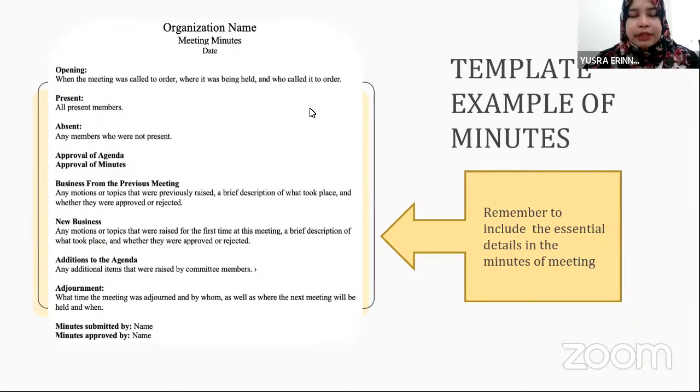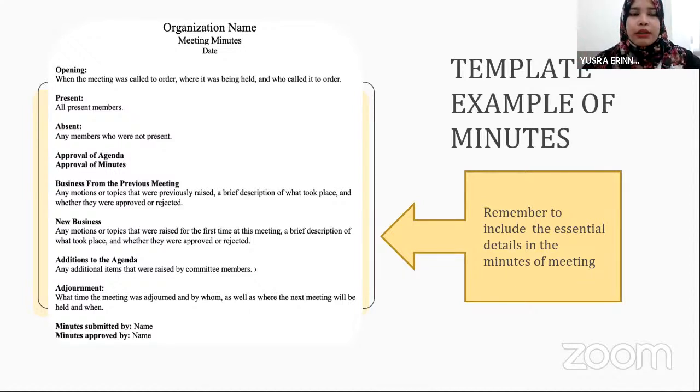In this point, present, if there are people also attending the meeting, you need to mention their position and also their name. And then absent, or apart from absent, you can also use the word apologies.